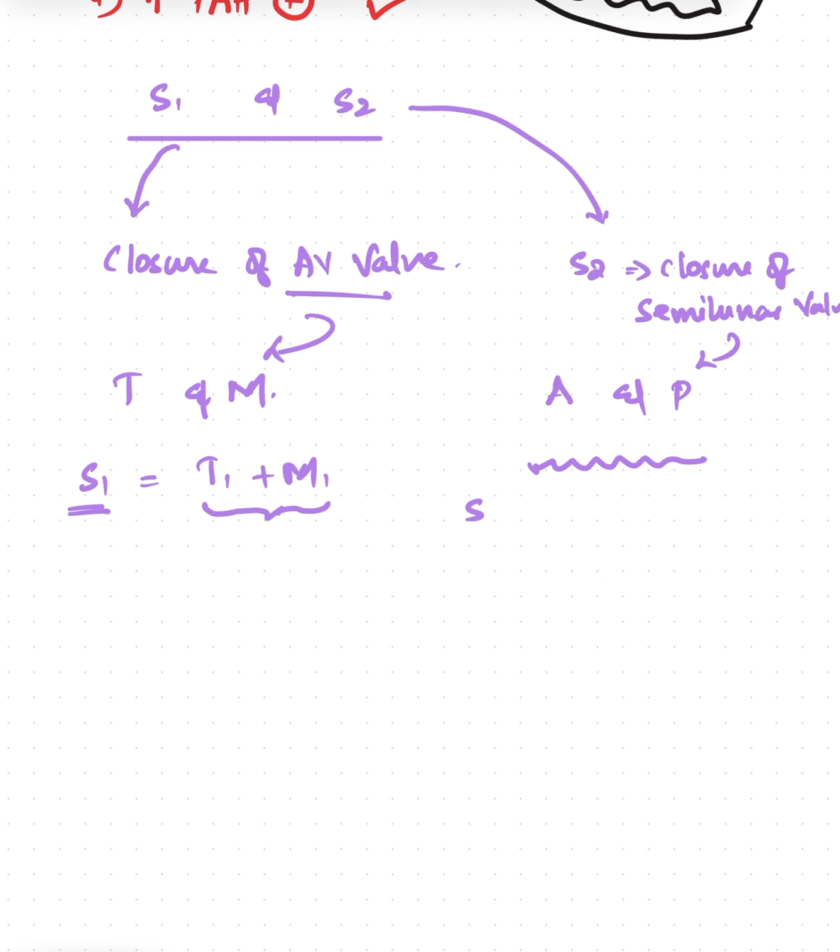Understanding is the key, so you need to understand where each one is. S2 is equal to the closure of A2 plus P2. The aortic valve and pulmonary valve close together to give the sound of S2. The tricuspid valve and mitral valve close together to give the sound of S1.